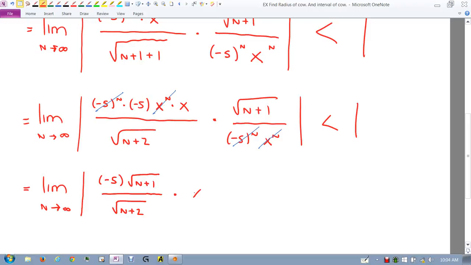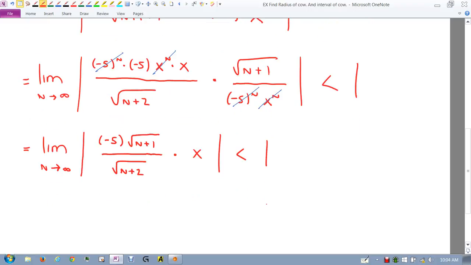Just x, right? The reason why I split it up is because the limit is only affecting the stuff with n's. It's not really impacting this x at all. So I just have to figure out what this limit is. If you focus all your attention right here, you get infinity up here and infinity down here, don't you?